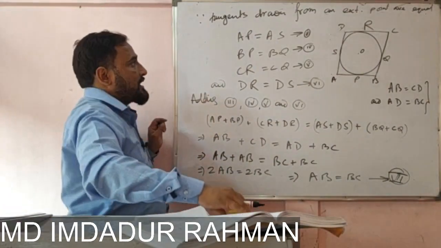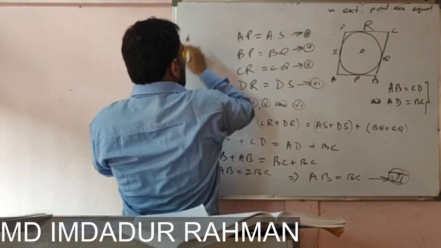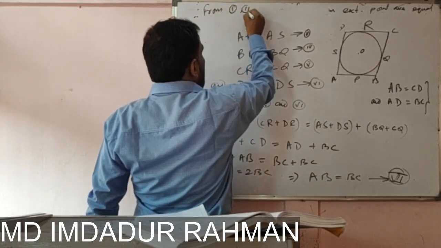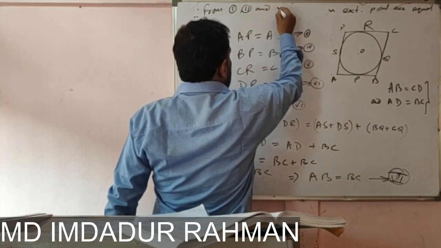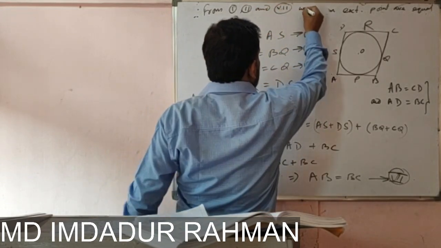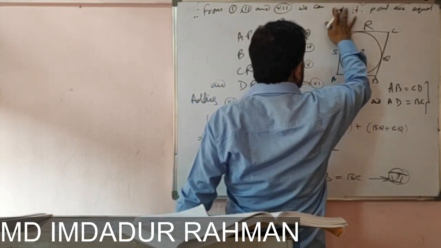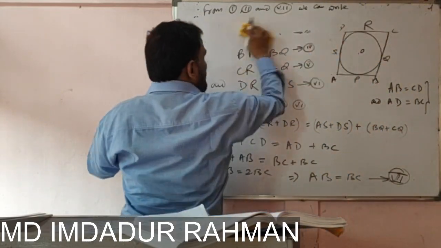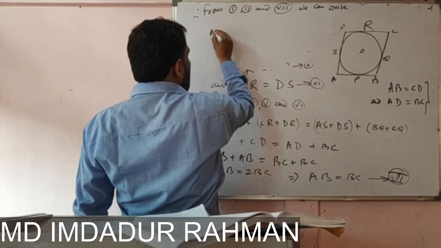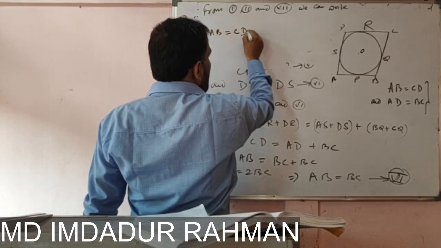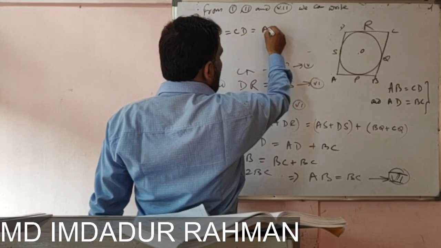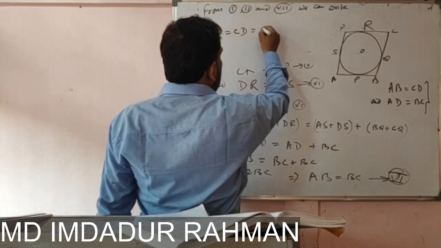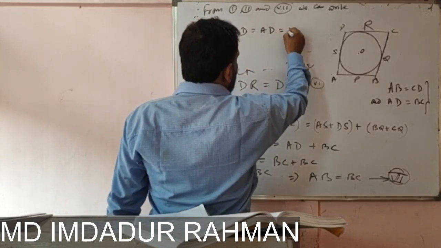So from 1, 2 and 7 we can write AB is equal to CD is equal to AD is equal to BC.